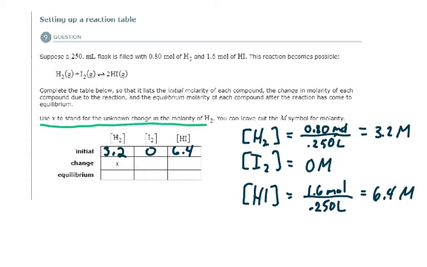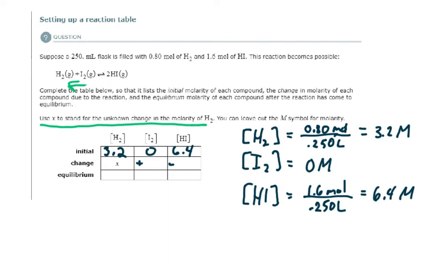H2 is a reactant and X is positive. So X is also going to be positive here, but the change in concentration is going to be negative for our product, because if the concentration of reactant is increasing, then the concentration of our product must be decreasing if the reaction is going in that direction.